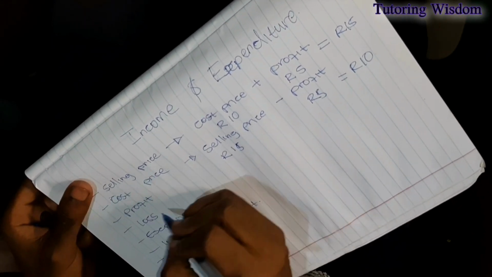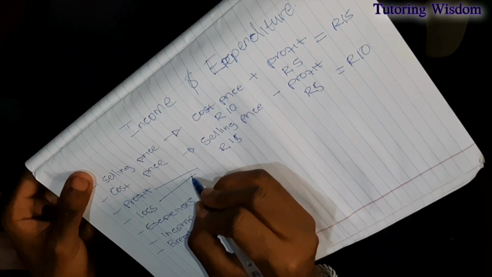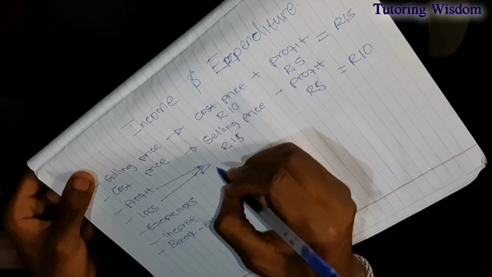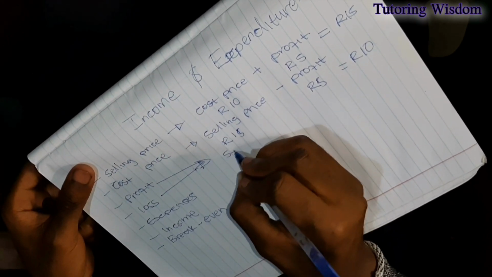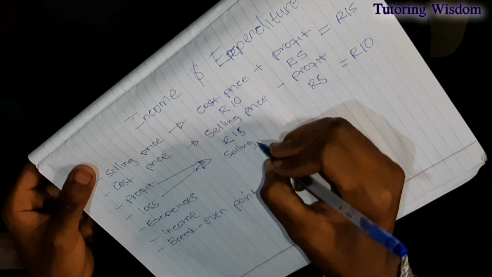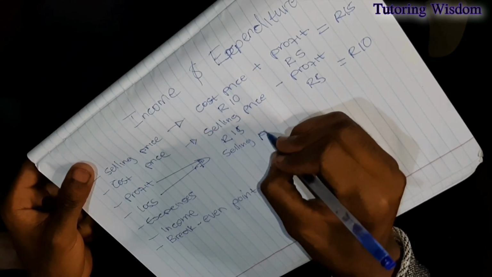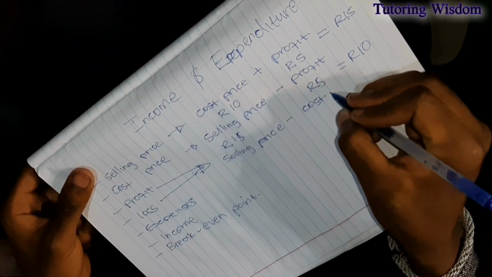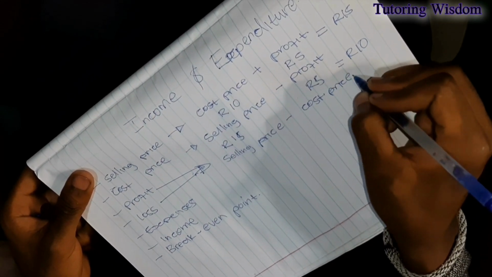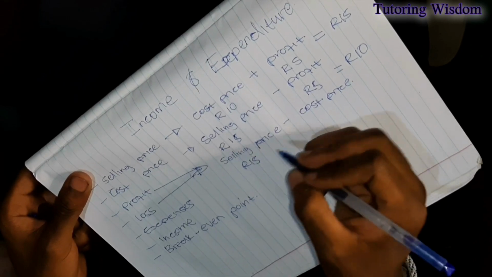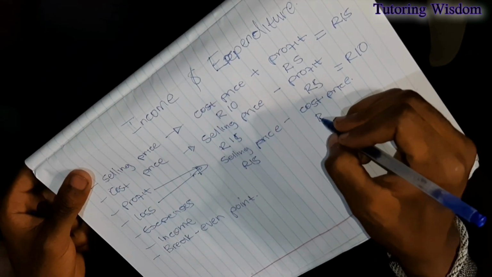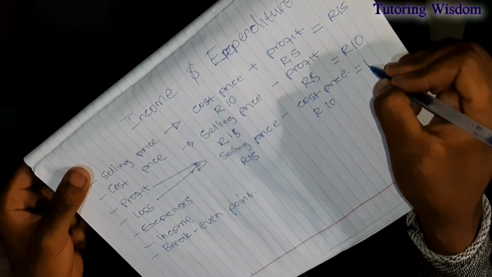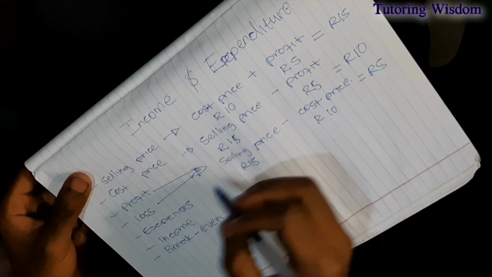Then your loss and profit is as simple as saying selling price minus your cost price. Then you get your profit. So we said our selling price was 15 rands minus our cost price of 10 rands, which equals our profit.